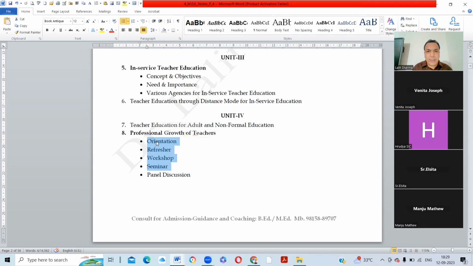Guys, how can you say that you are an effective teacher? There are a lot of changes going on. So after, or during, the B.Ed or M.Ed, you should attend all these conferences, orientation, and refresher courses for the professional growth of a teacher. Professional growth of a teacher is a lifelong process.